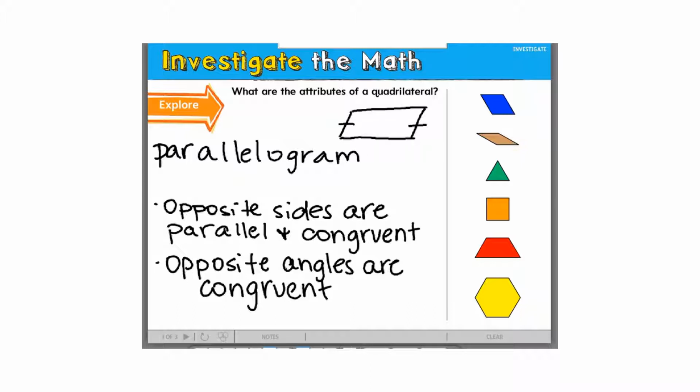So those 2 ends are going to be the same, and then the 2 long pieces are going to be the same. And then the opposite angles of each other will also be congruent. So the angle down here will measure the same as the angle over here, and the angle here will be the same as the angle down there. So it's like a rectangle that's been slanted to the side.